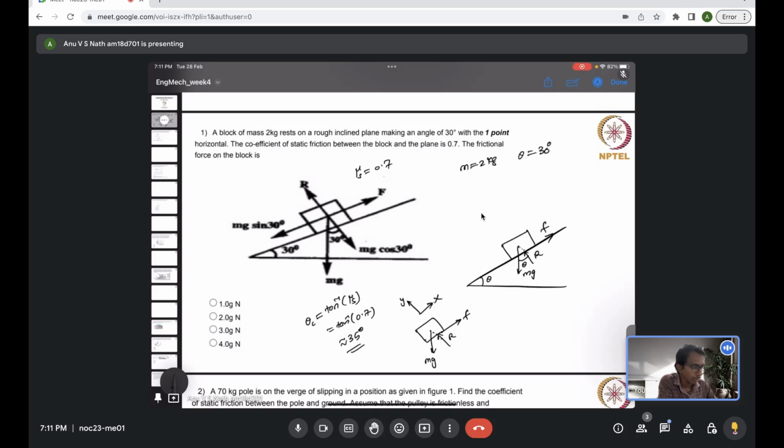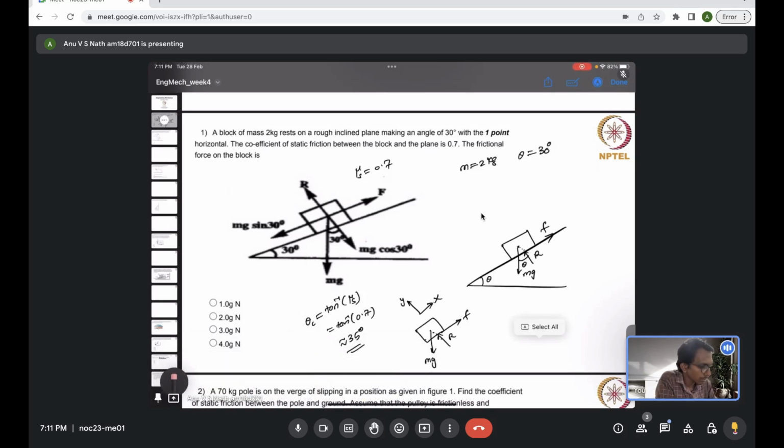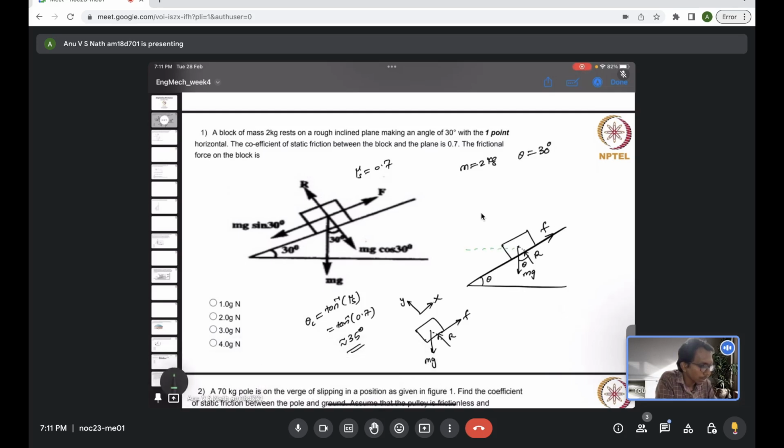If it is not, you can let me know, and I will explain how it is theta. If you draw a horizontal line like this, now this angle should be theta, right?